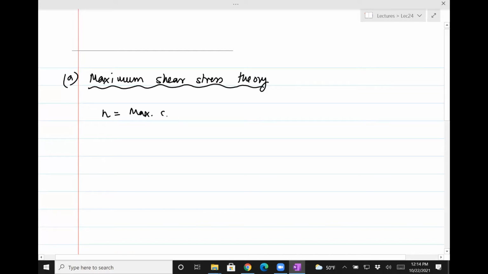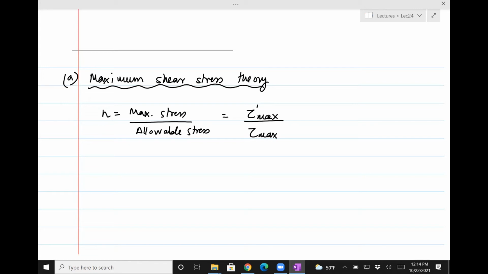It's max stress divided by the allowable stress. And so the max stress, I wrote it down as tau prime max, and tau max is the allowable shear stress. Here we have replaced stress with shear stress because this is the maximum shear stress theory. So then the question is, what's tau prime max and tau max? Tau prime max is the shear stress which is developed when you take the material and load it in tension. And when the material is about to fail, that's when you'll get tau max.